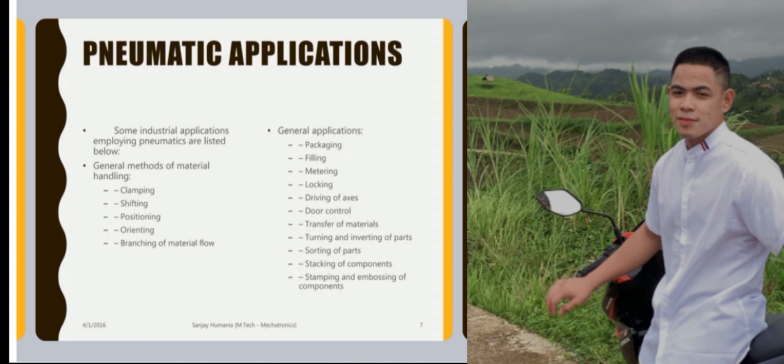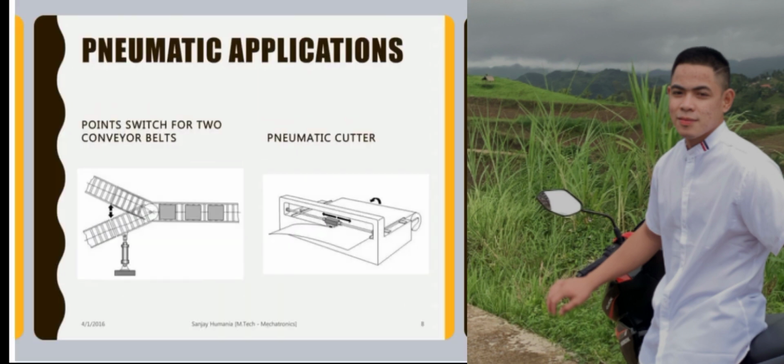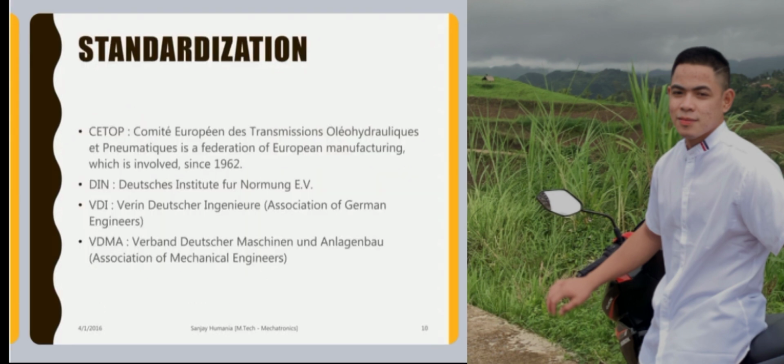General applications: packaging, filling, metering, locking, dividing, access and door control, transfer of materials, turning and inverting of parts, sorting of parts, stacking of components, stamping and embossing of components. Pneumatic applications example: this is how a pneumatic cutter looks.